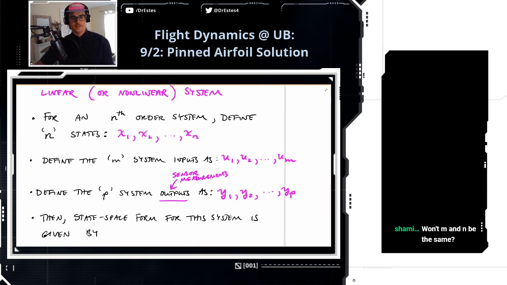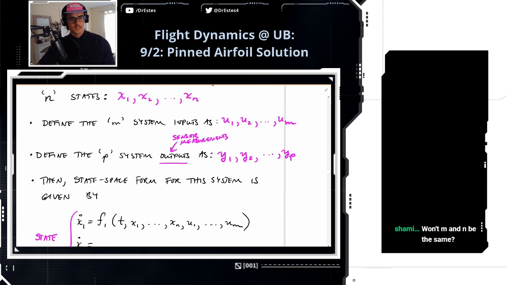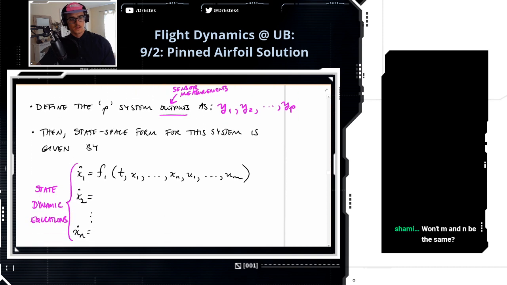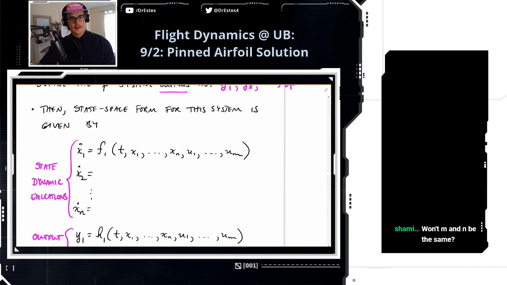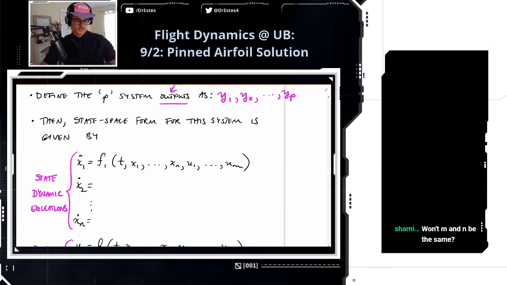Okay, so if you define states, inputs, and outputs, here is state space form. What I want you to notice, this is first order. State space is by definition first order. So you're only going to see 1 dot on top of all of these.